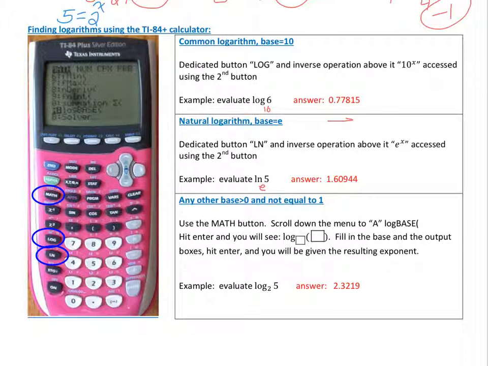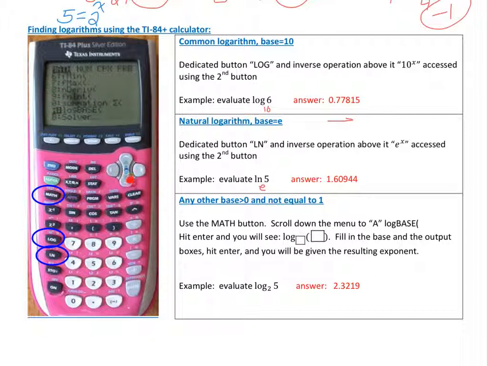Now, for any other base that's not the common base or the natural base, I think there are two different ways to access it, but I think the easiest way is using this math function button. If you hit the math function button, you will see a huge array of built-in math functions in the calculator, and I think it starts 1 through 10 actually, and then it starts with capital letters.